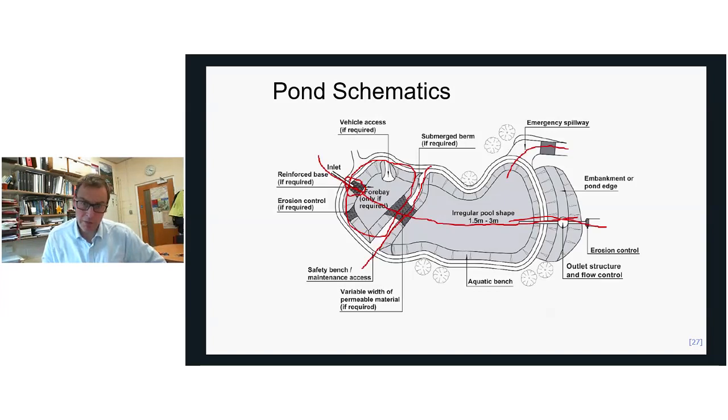A problem might be with this shape of pond is you've got this area up here, which may turn out to be a bit of a dead zone depending on how the flow goes through the pond. So you've got lots of flow going through, taking its time to go through.